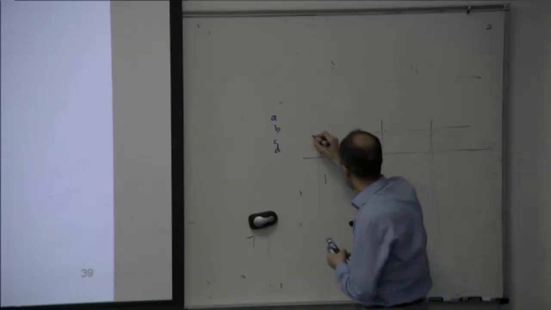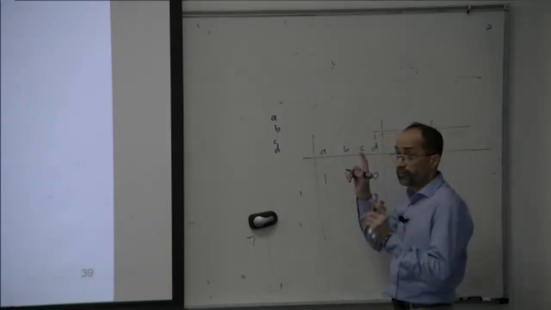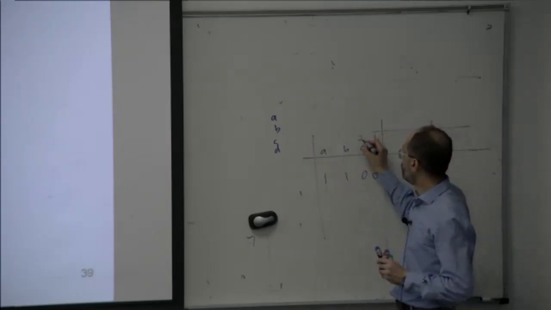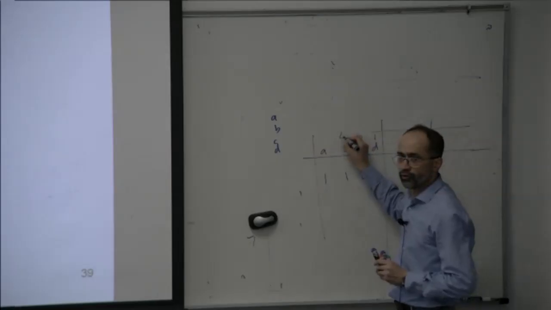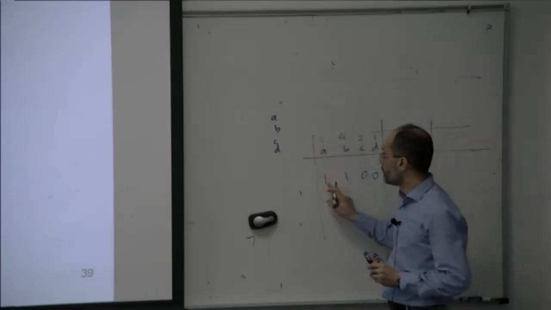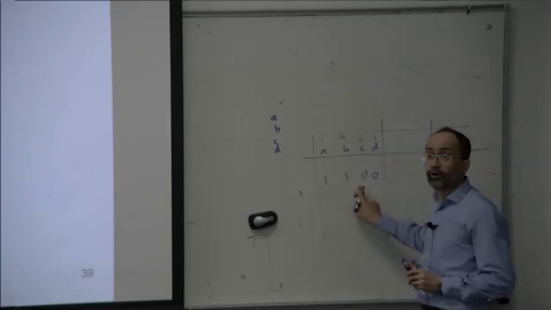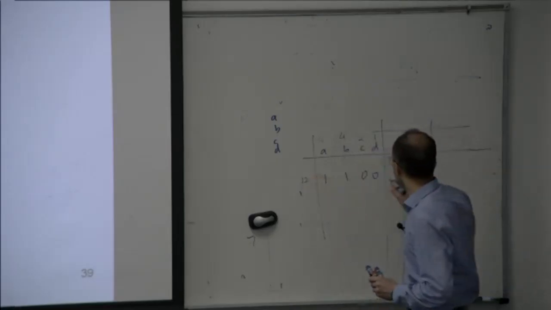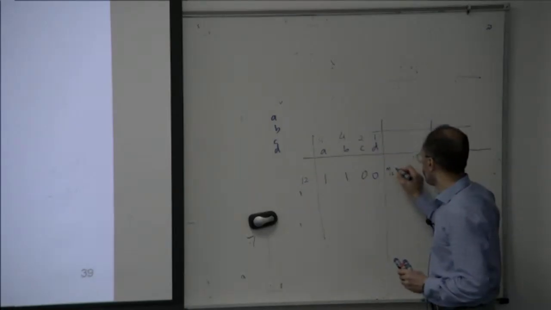Can you see here? So this is 1, then 2, then 4, then 8. It's equal to what? 8 plus 4, 12.